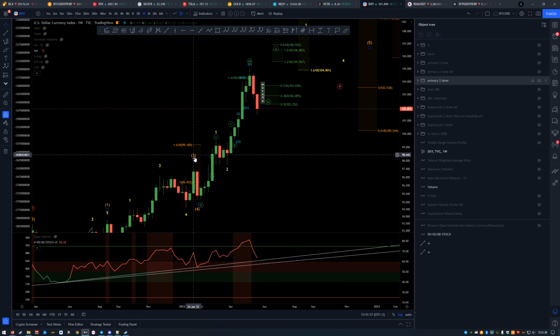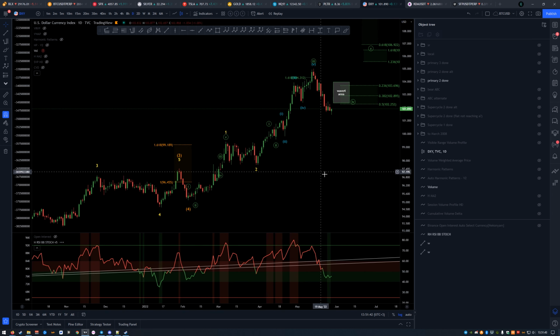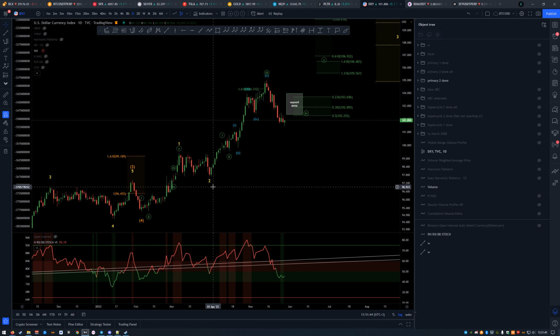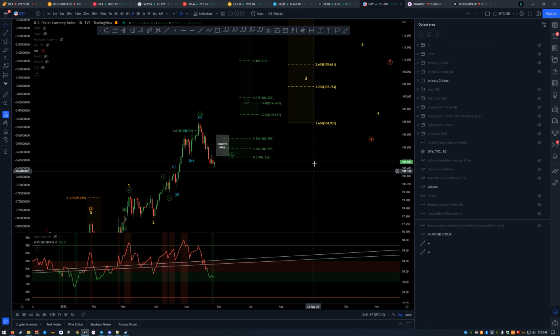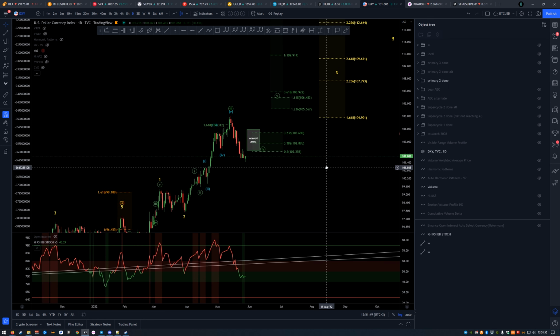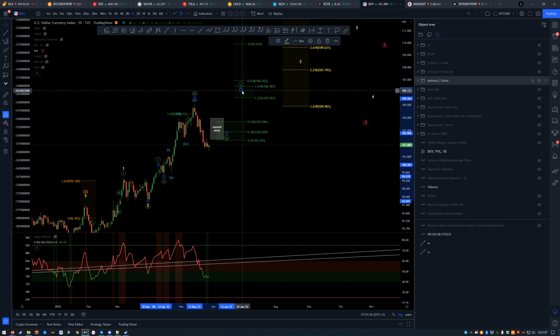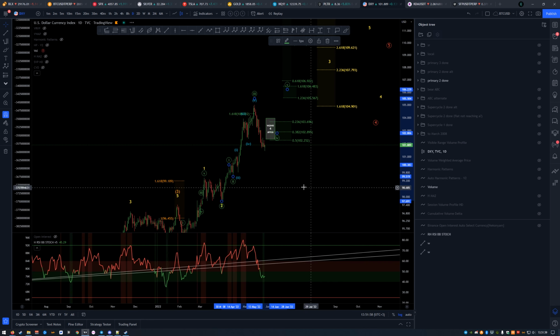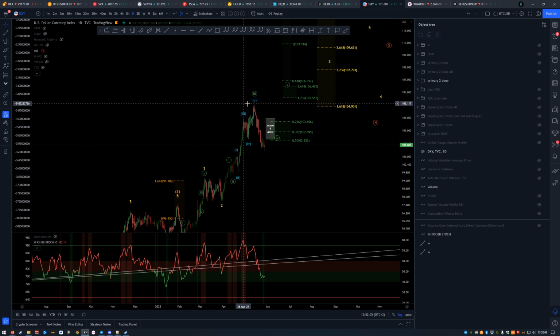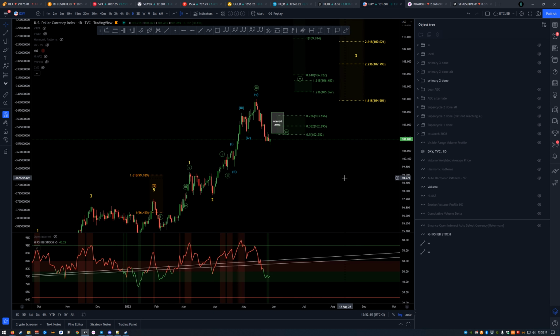Currently here we created the wave 4 of intermediate, and after that we were creating 1, 2, 3 third of the minor, and within that we would have a third of minute completed up here, looking for fourth and then fifth. At the moment we do have a divergence here that is expected between the third and fifth, and do have a nice 1.618 extension for the third here of this minute degree.